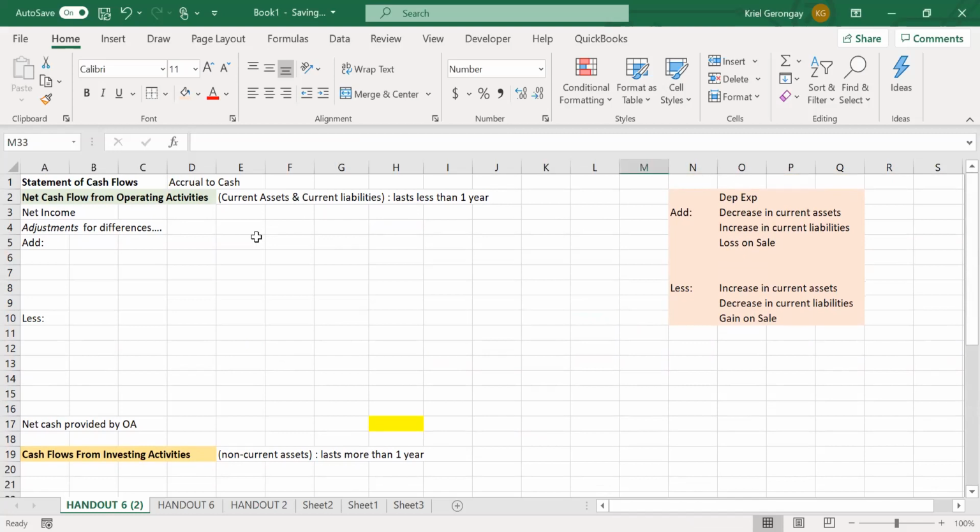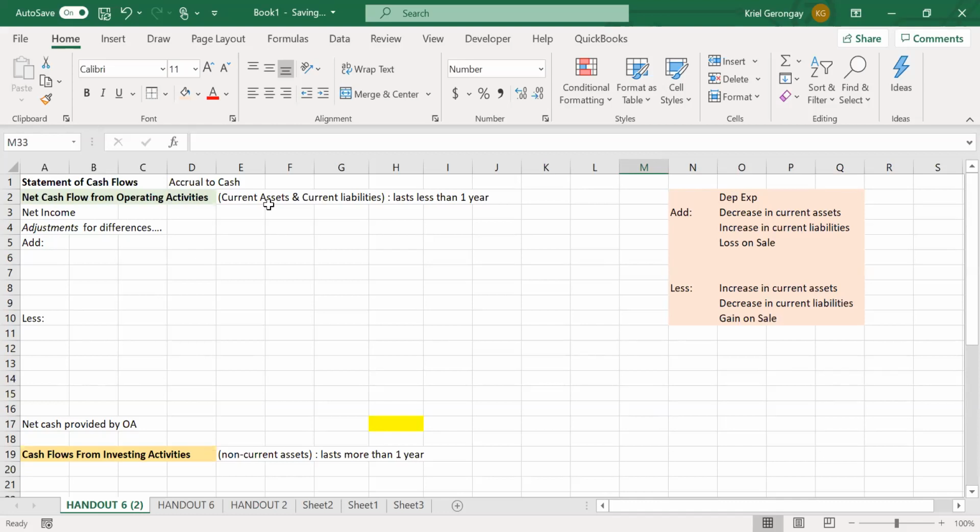So for Handout 6, as I mentioned earlier, if you recall on Handout 5, you converted everything from cash to accrual. For Handout 6, we're doing the opposite: accrual to cash. The purpose of the statement of cash flows is to reflect your cash transactions, or the inflows and outflows of your cash account.